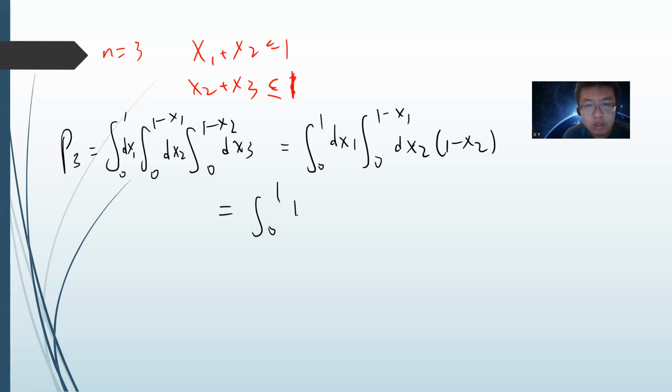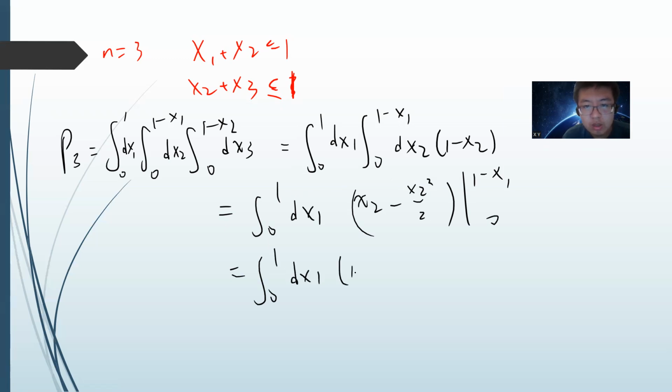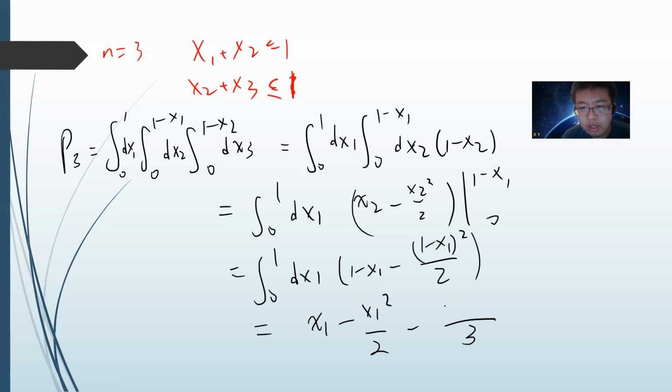And that is the integral from 0 to 1 of dx1. This one will be x2 minus x2 squared divided by 2, evaluated from 0 to 1 minus x1. So you get the integral from 0 to 1 of dx1 of a half times (1 minus x1) squared. Then you get x1 minus x1 squared divided by 2 plus (1 minus x1) cubed divided by 6. Sorry, this should be 6.